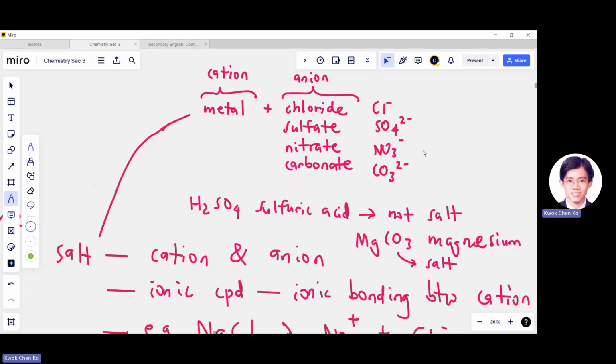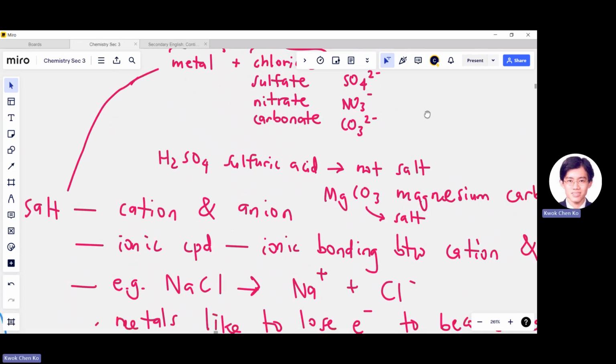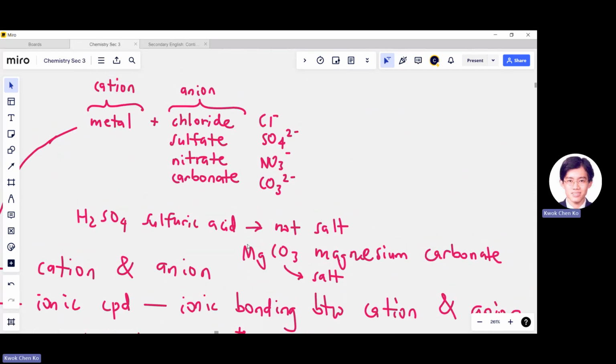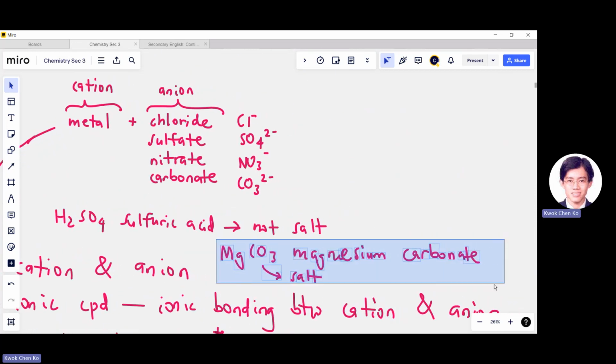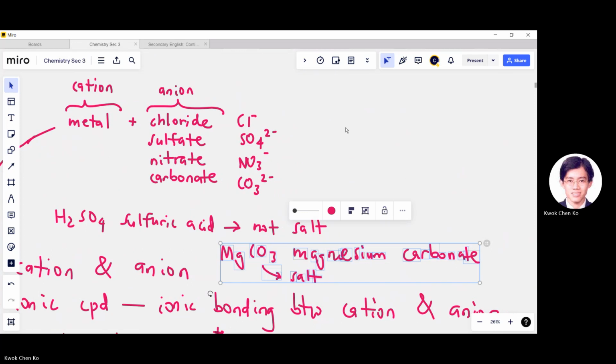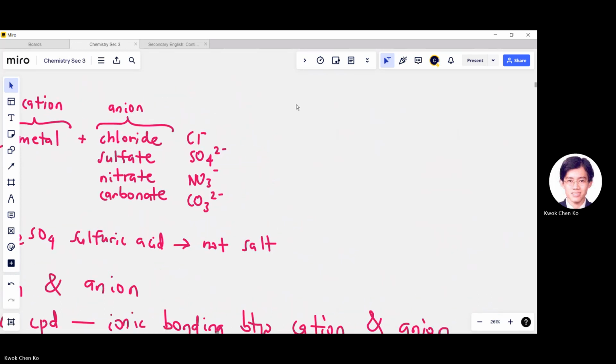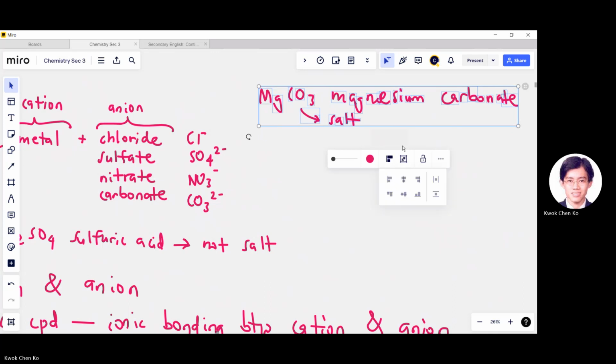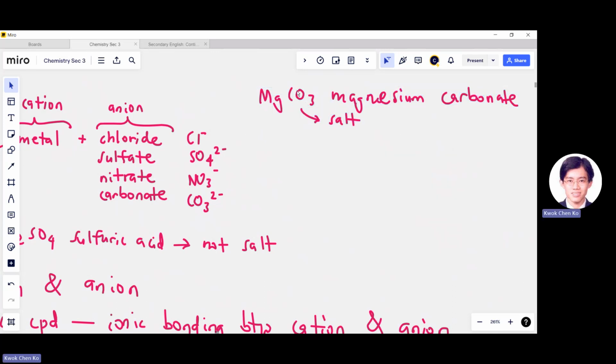But let's go back to our good friend here, magnesium carbonate again. All right, so as I said, this is a salt, magnesium carbonate. But question, where is the ionic bond?